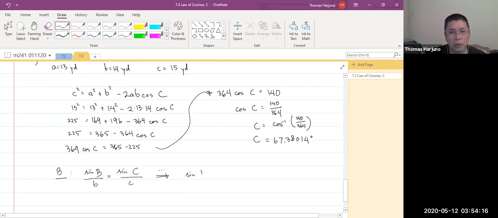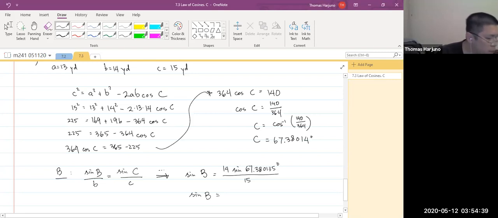Sine B equals 14 sine 67.3801. Let me be a bit more accurate. 135 degrees over 15. So that's 14 sine that angle divided by 15.